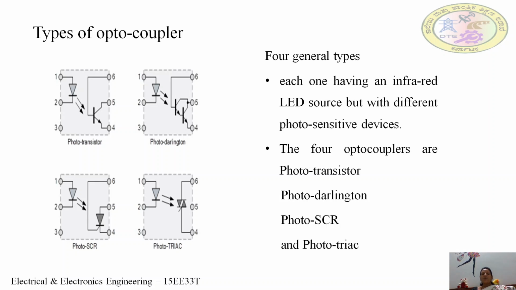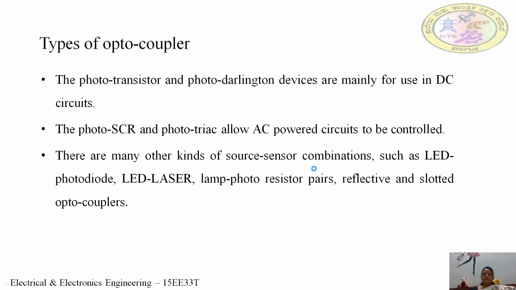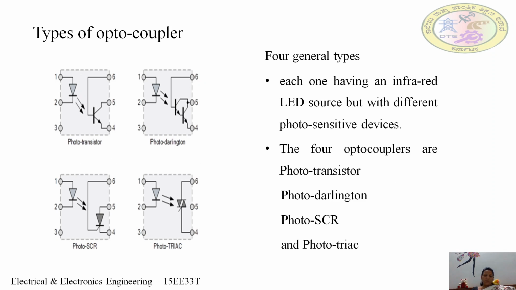Based on the light sensor or the light detector used, we have these 4 types of optocouplers. First one is the phototransistor, second is the photo-Darlington, third is the photo-SCR and the photo-triac.